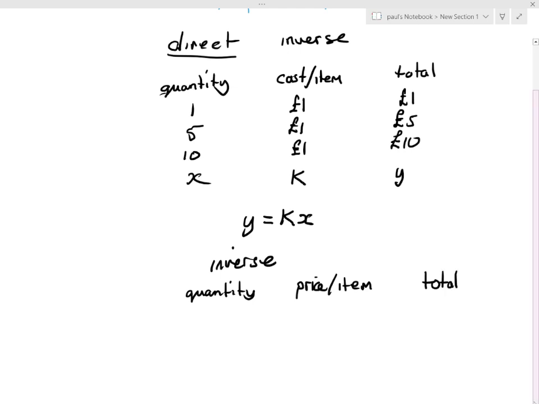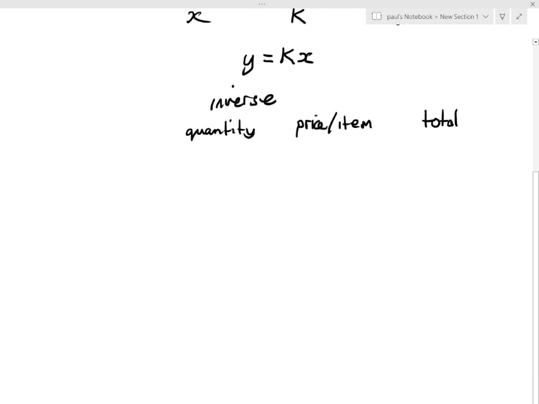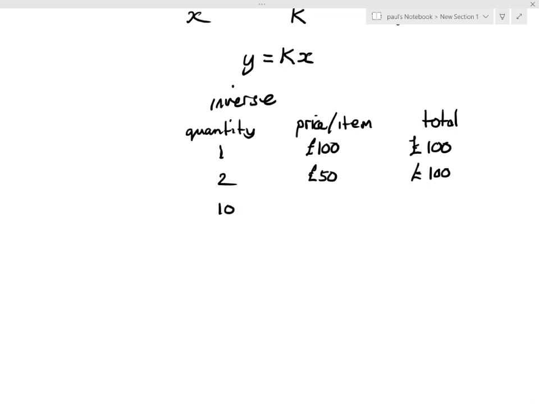Now this time the total cost has to remain the same. This is the constant, and we'll call it £100. So if we buy one of them, the price per item has to be £100. If we buy 2 of them, then they'll have to be £50 each, so that the total cost remains £100. If we buy 10 of them, then this has to be £10, and there's £100 as well.